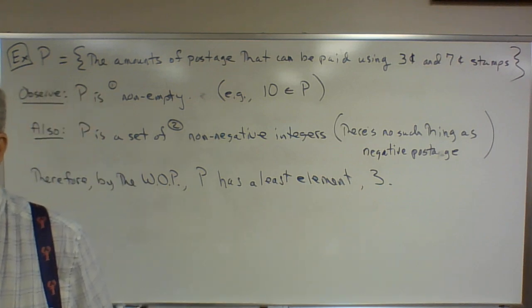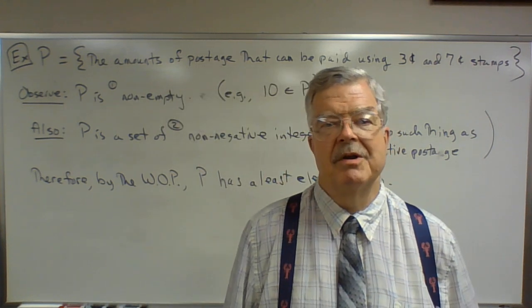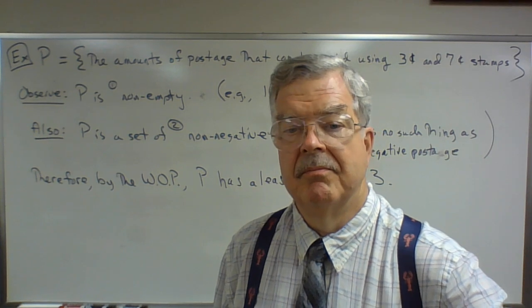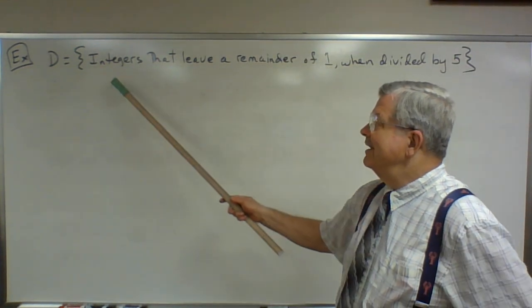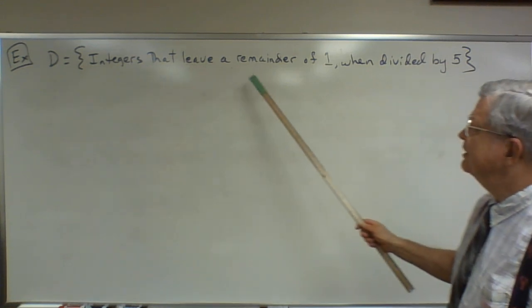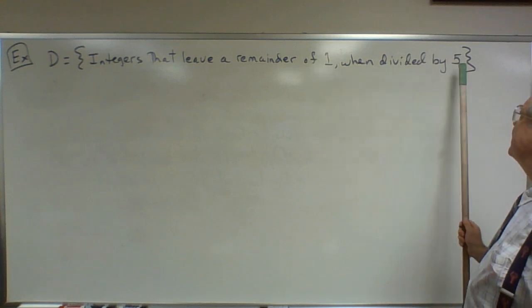Now we'll look at a situation where the well-ordering principle doesn't apply. Another example. We'll let D be the set of integers that leave a remainder of 1 when divided by 5.